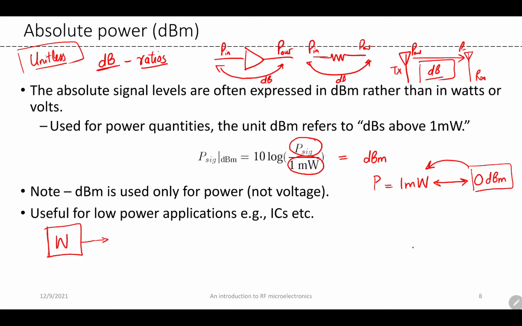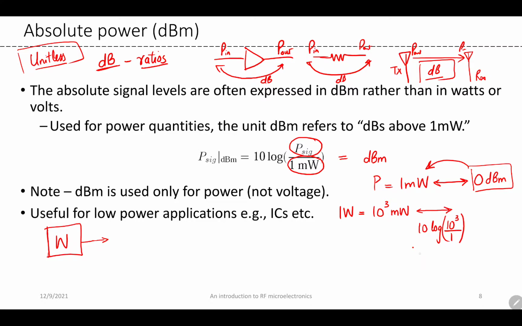Similarly, if you have 1 watt, 1 watt is 10 to the power 3 milliwatts, which corresponds to 10 log of 10 to the power 3 milliwatts by 1 milliwatt.